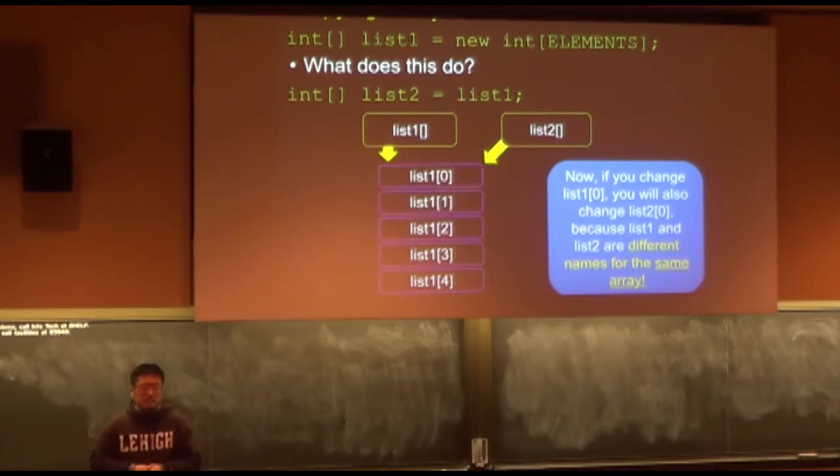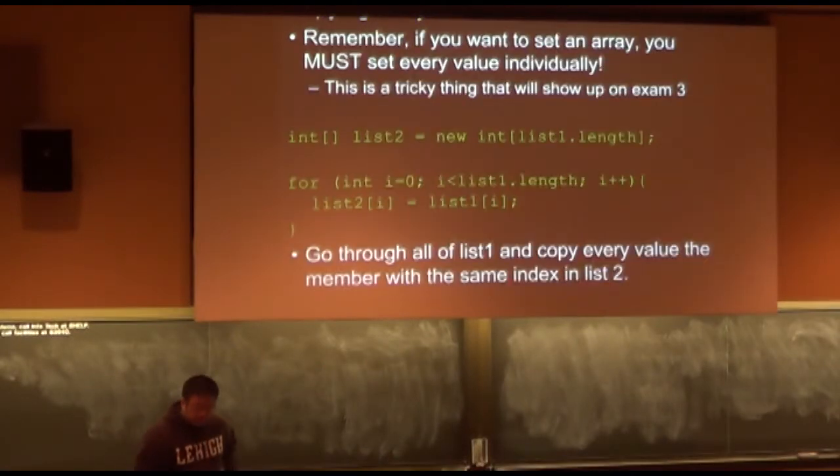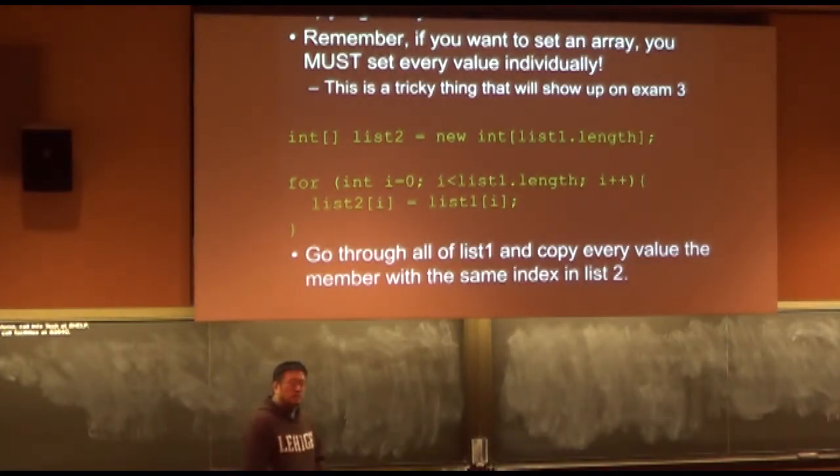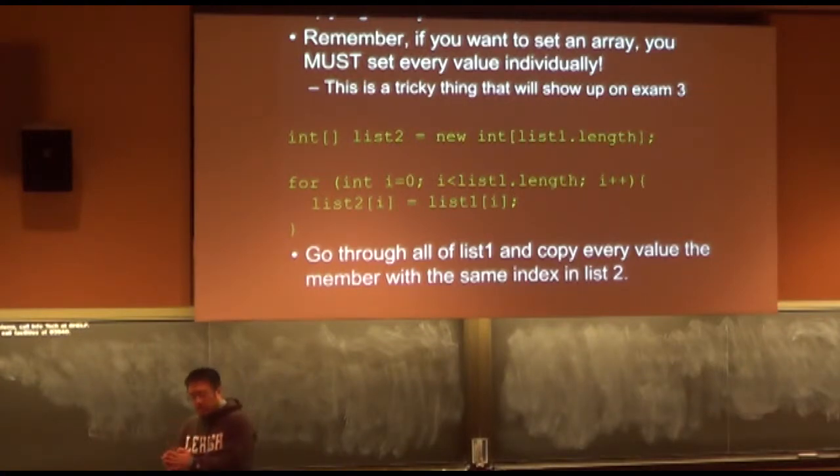So if I want to copy arrays for real, then I need to go through all the steps that we went through in that last lecture. I have to declare a new array variable. I have to allocate new memory, and then I have to assign all the memory to new values. So if I want to copy list1 into a new array called list2, where the members of list2 are not affected in any way by list1, then what I have to do is I just have to say int bracket list2 is equal to new int list1.length.